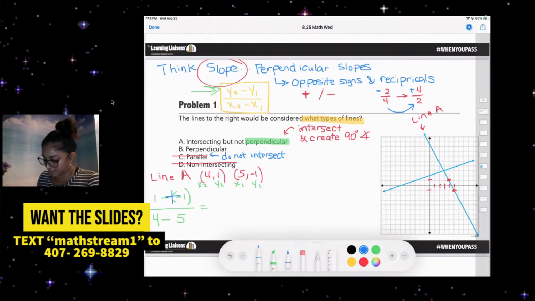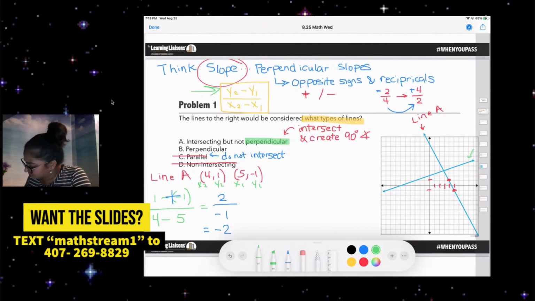So I'll have 1 plus 1, which will give us a nice number of 2. And then 4 minus 5 to give us negative 1. Well, 2 over negative 1 is the same as saying negative 2. So that's the slope of line A. I'm sorry, I forgot I named them letters.